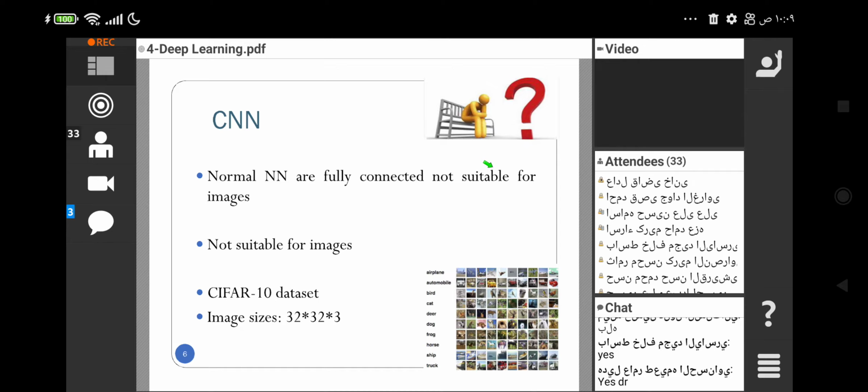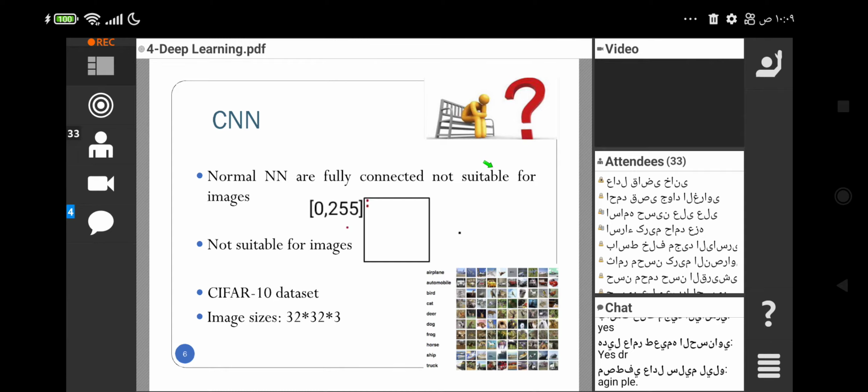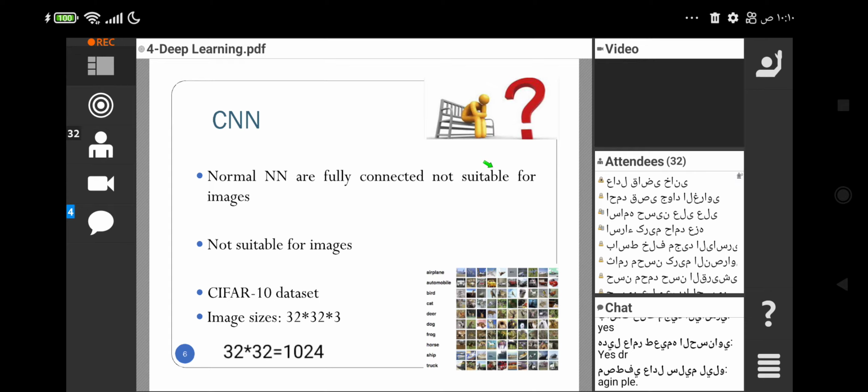So if we want to have a neural network, each of the images in this example has 3072 pixels, and these pixels are the inputs of our data.